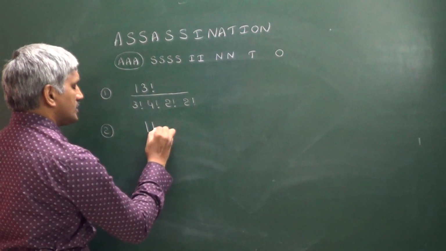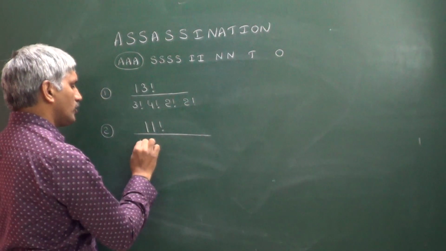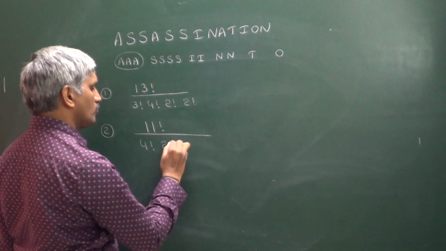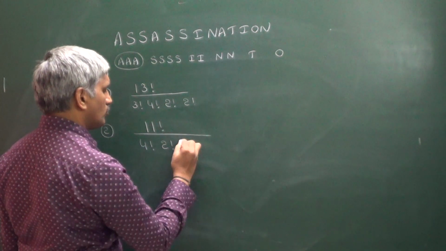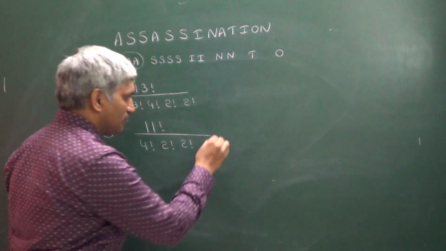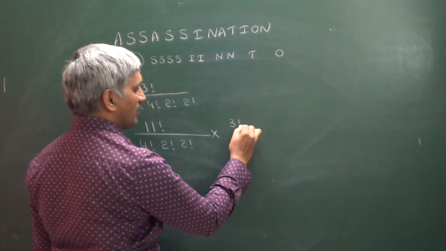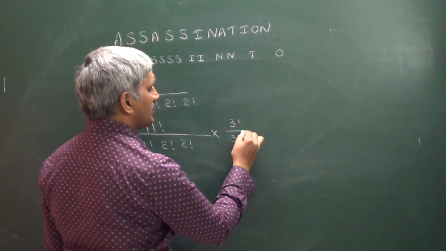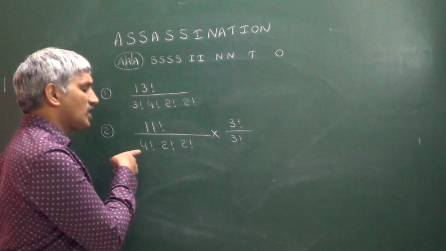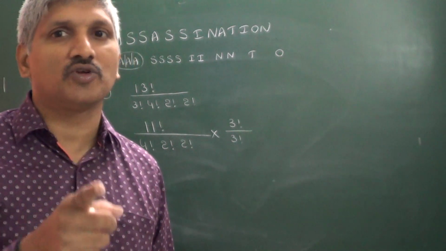Those 11 units can be arranged in 11 factorial divided by 4 factorial for S, 2 factorial for I, and 2 factorial for N, into 3 factorial divided by 3 factorial ways for the A's to interchange places, that is only 1. So this is the answer for the number of arrangements in which all A's come together.